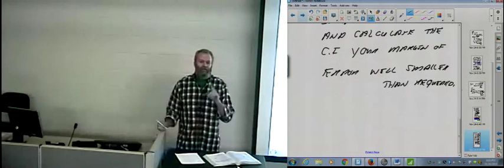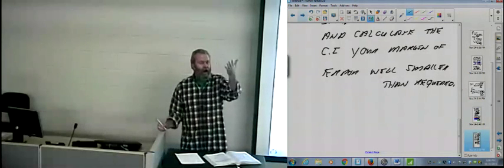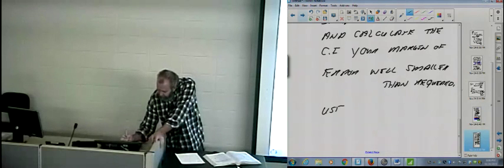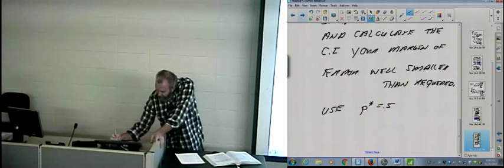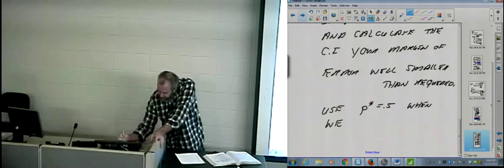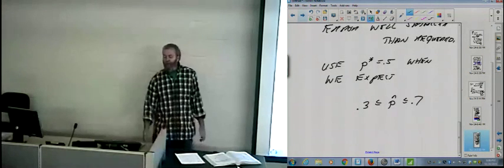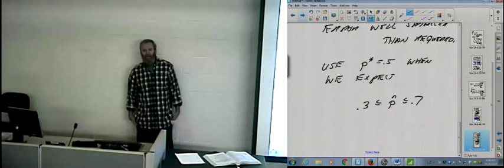Okay? Now, when is it safe to use this? When should we be thinking about a pilot study or some previous survey? Use P star equal to 0.5 when we expect your sample proportion to be between 0.3 and 0.7.